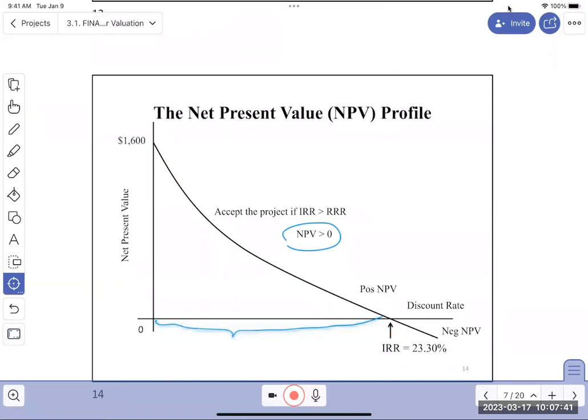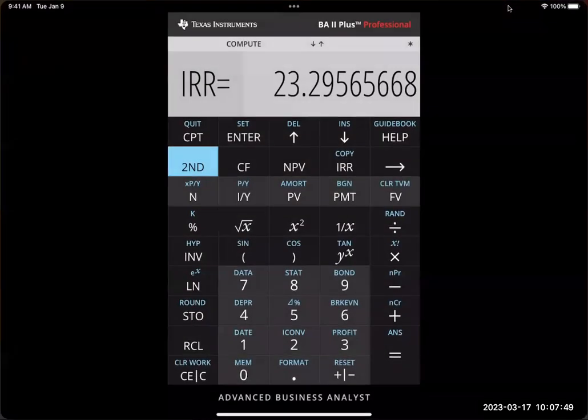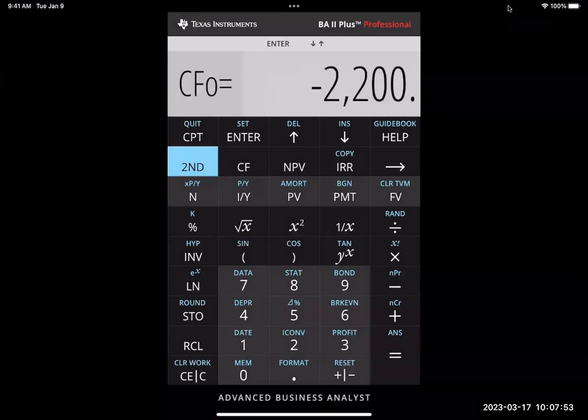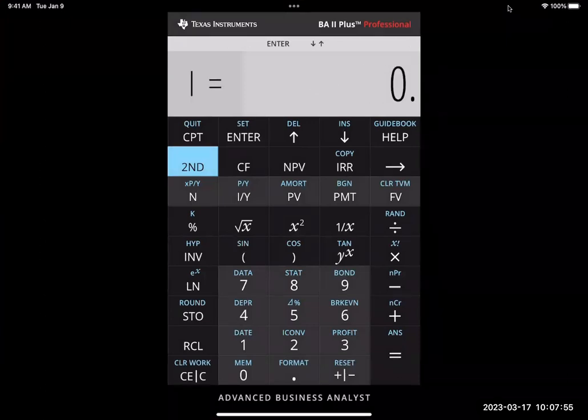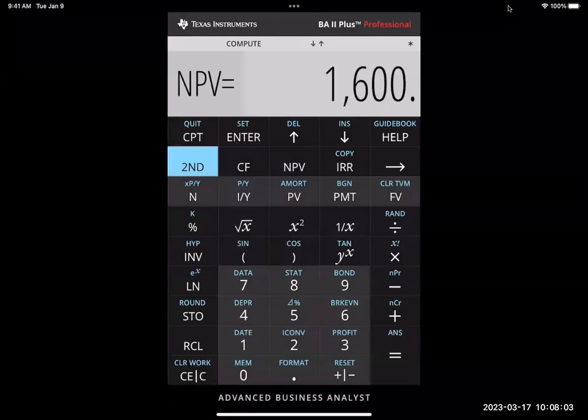We're just going to continually change the discount rate and calculate the NPV instead. And I'll show you how to do that. So I'll do a few and then we'll go back. So what I'm going to do now is hit the CF keys, hit NPV and change. Right now it's 0, so I'm going to use 0 first. 0, enter, and compute NPV. You see, it's 1600.